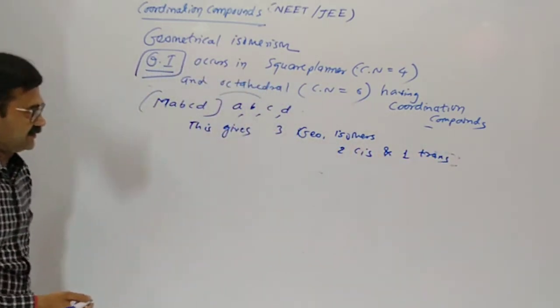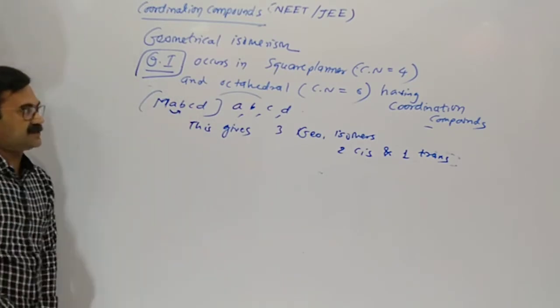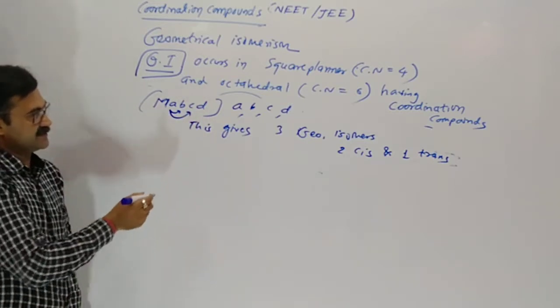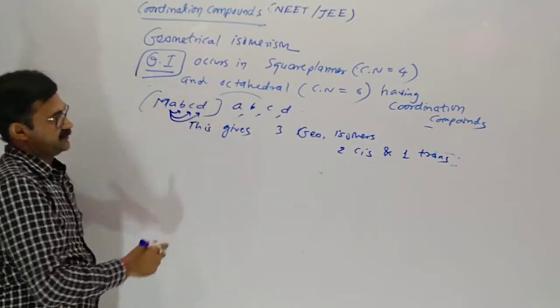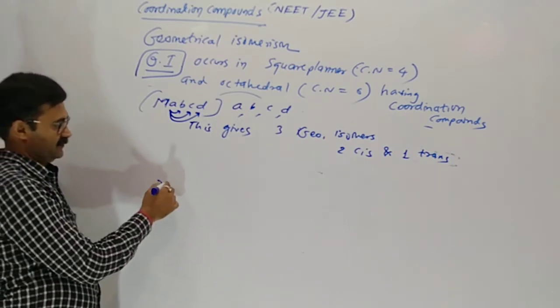How can we say all four are different? A is opposite with B, A is opposite with C, A is opposite with D. On the basis of it, there are three.